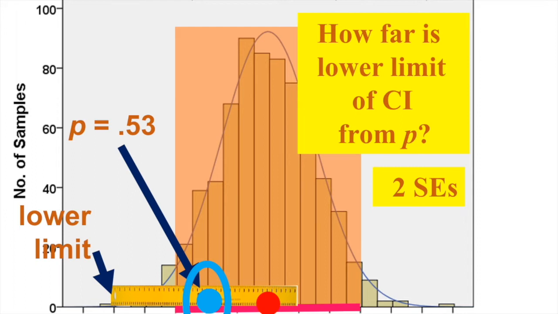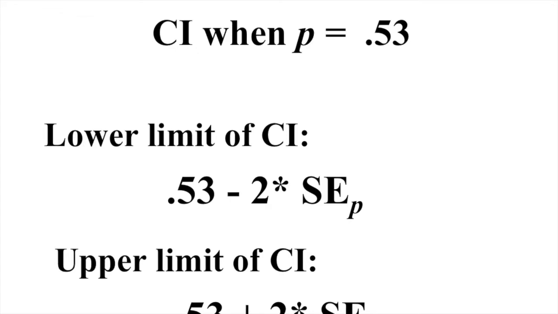But you can see that 0.55 is contained within that yardstick. We can center the second CI around 0.53 and use formulas to calculate the upper and lower limits of the confidence interval. So the upper limit is 0.53 plus 2 standard errors, and the lower limit is 0.53 minus 2 standard errors.